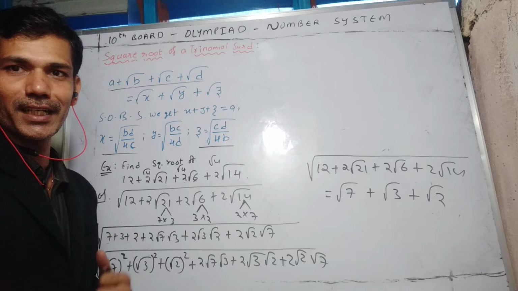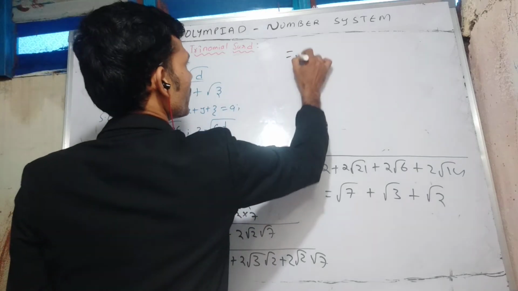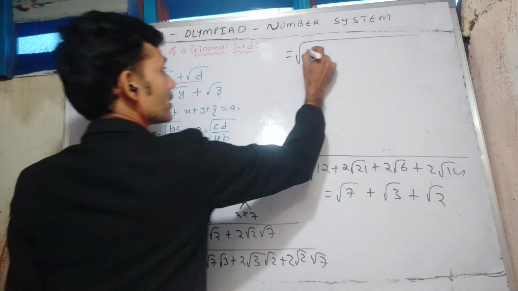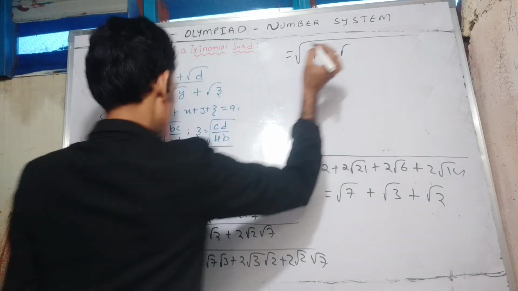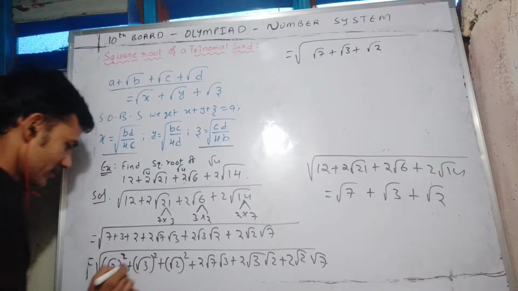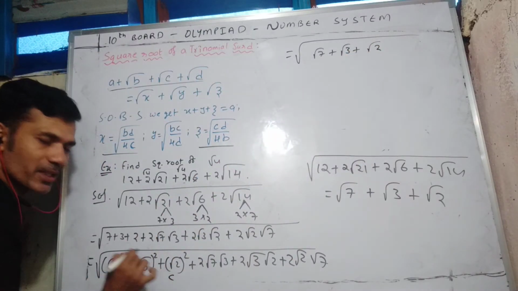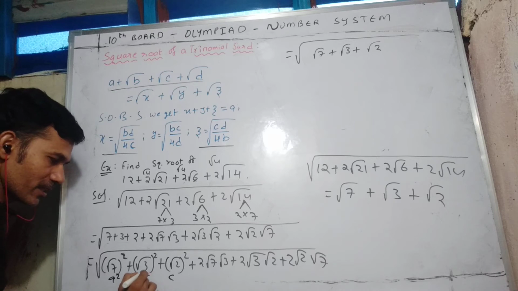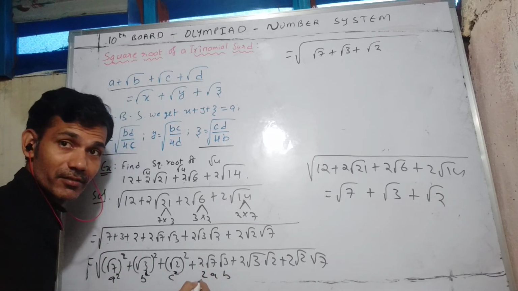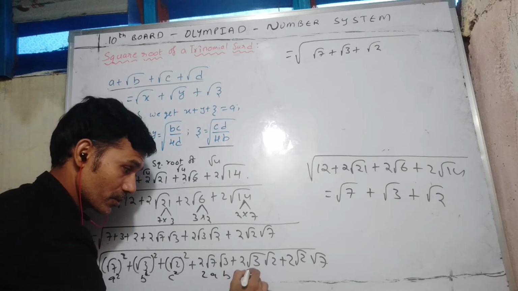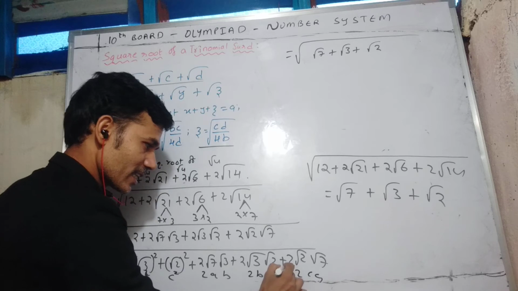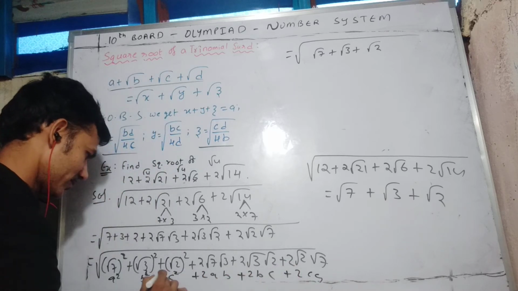So this is equal to the square root of, where A is root 7, B is root 3, C is root 2: A square plus B square plus C square, then 2AB, here 2BC, here 2CA. It is in this form, no?